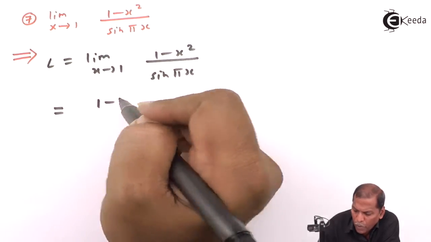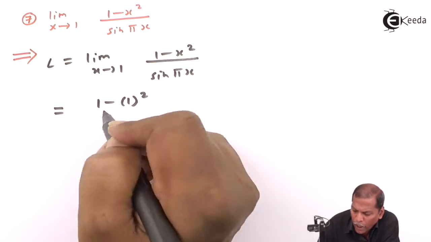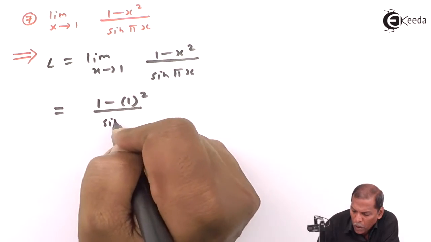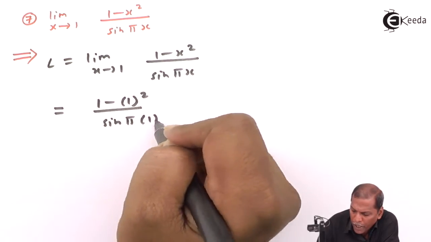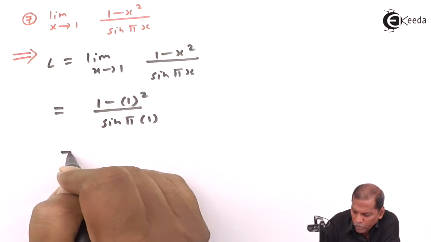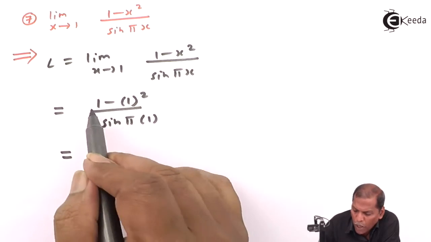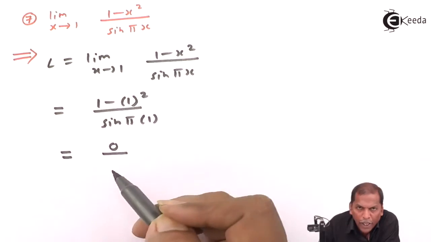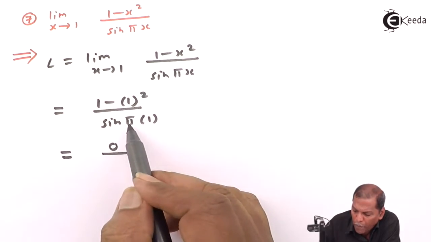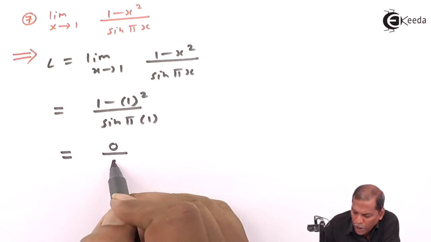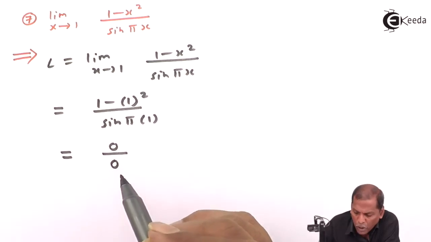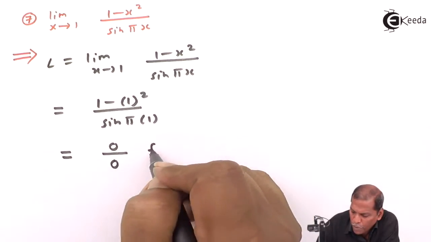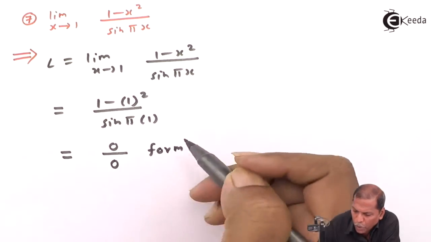So we get (1 minus 1) whole squared upon sine pi. That gives 0 in the numerator, and sine pi gives again 0 in the denominator, which is of the form 0 by 0.